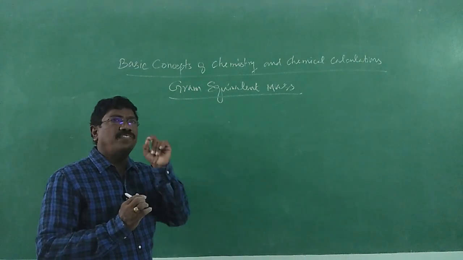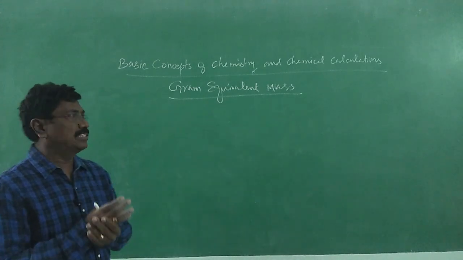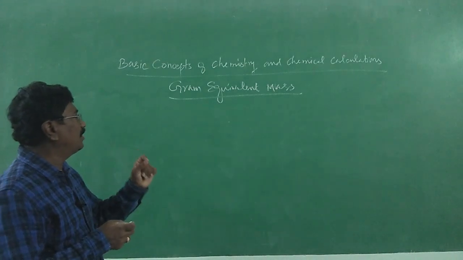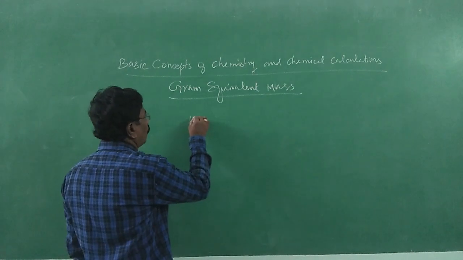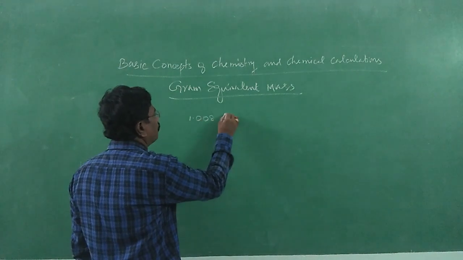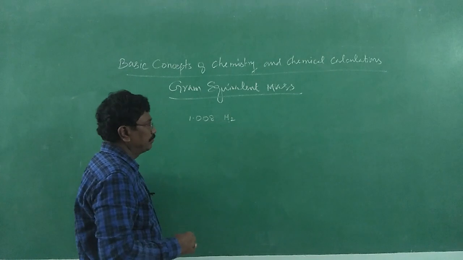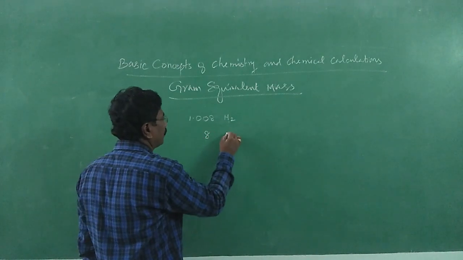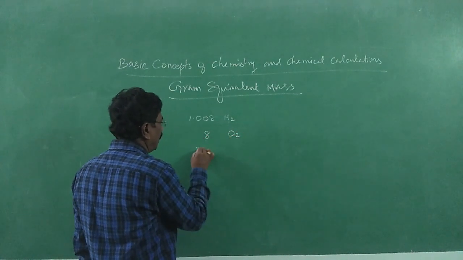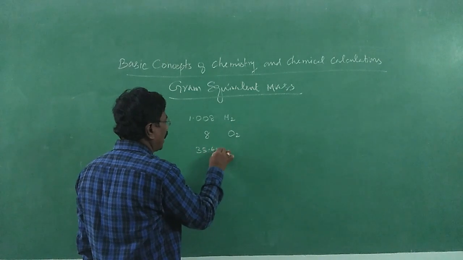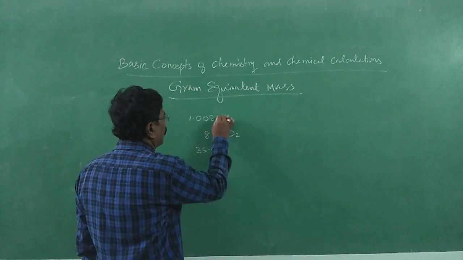It is the mass of an element or the mass of the substance which combines with or displaces 1.008 grams of hydrogen, 8 grams of oxygen, or 35.45 grams of chlorine.